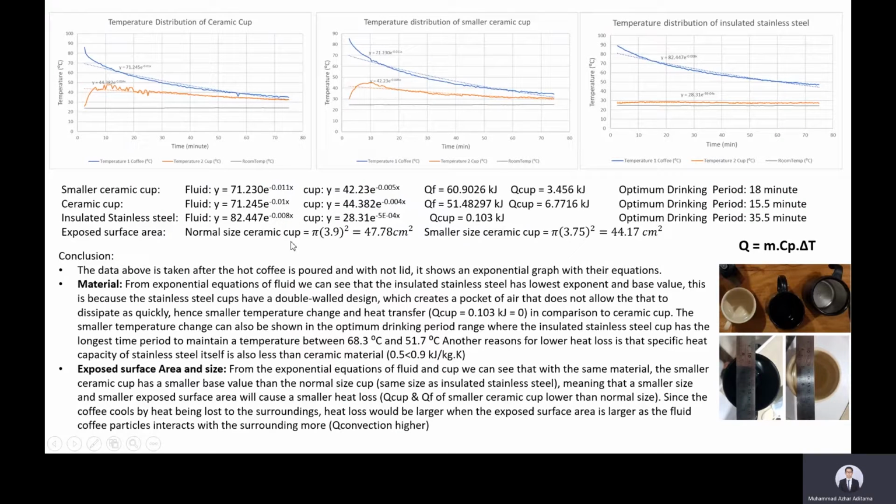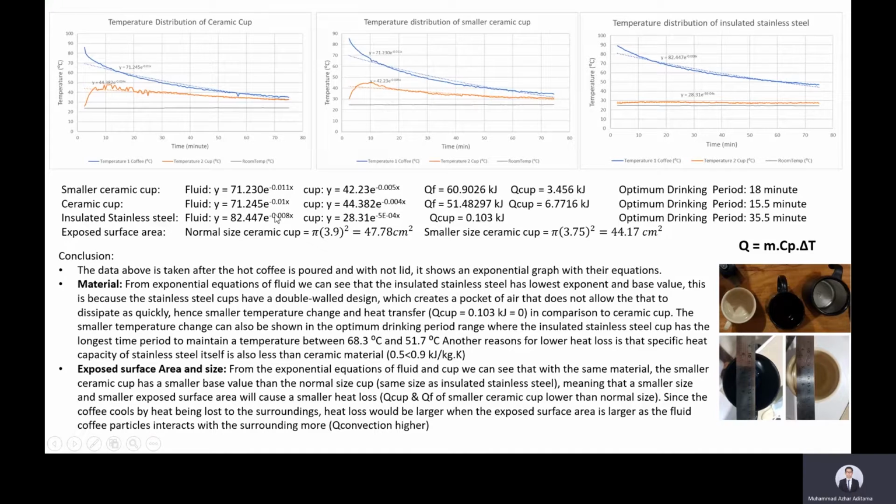Now this is the analysis and conclusion. The data above is taken after the hot coffee is poured and without the lid, and as you can see, it shows an exponential graph with their respective equations. From the material aspect, from the exponential equation of the fluid, we can see that the insulated stainless steel has the lowest exponent value in comparison to the ceramic cups.